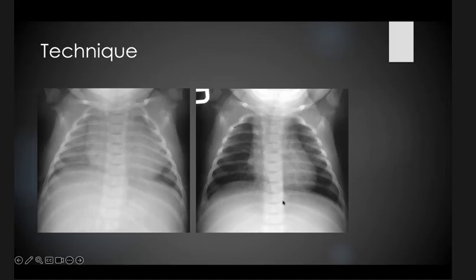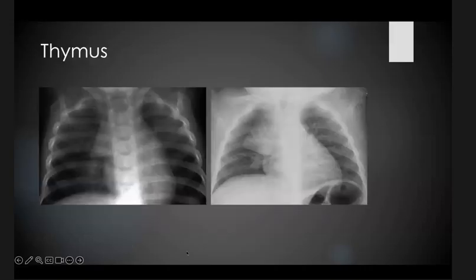From 3 to 7 years old, 9, and older than 7 years old, you can expect to see 10 posterior ribs. This is an example of a kid with expiration and inspiration at the same time. This is what a lung that is not well inflated can look like.